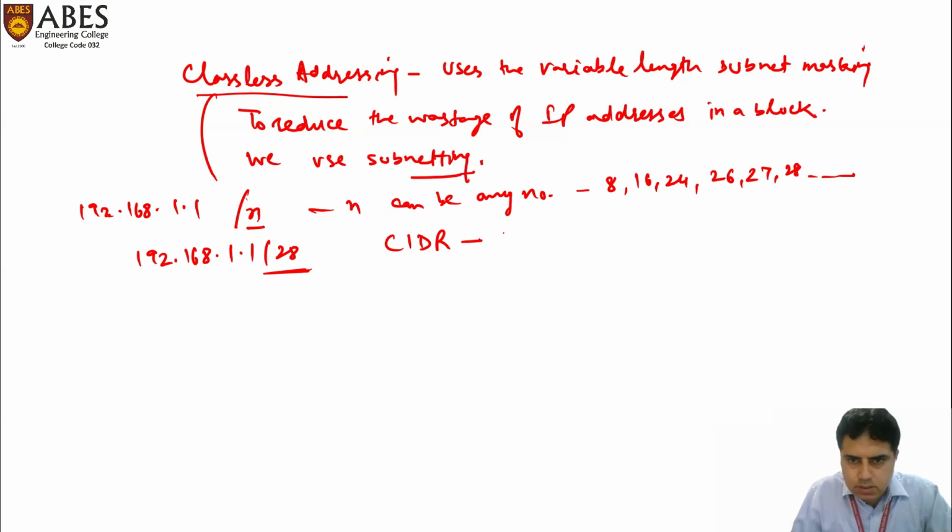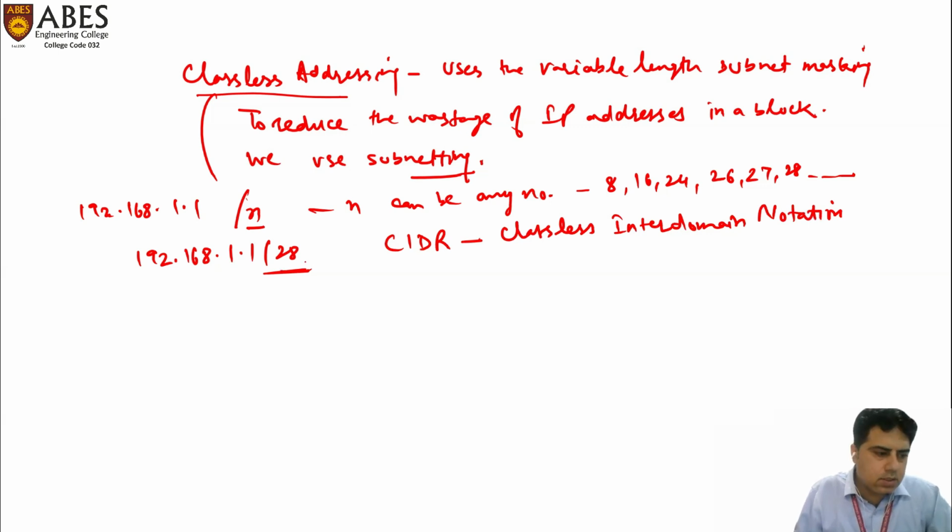CIDR means classless inter-domain notation. So what it means is that this /n, or the /28, represents the number of ones in the subnet mask. There are total 4 blocks, 8-bit each.